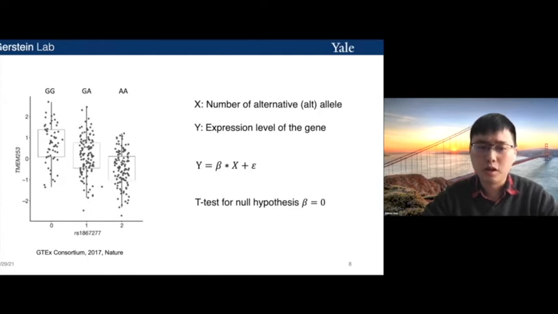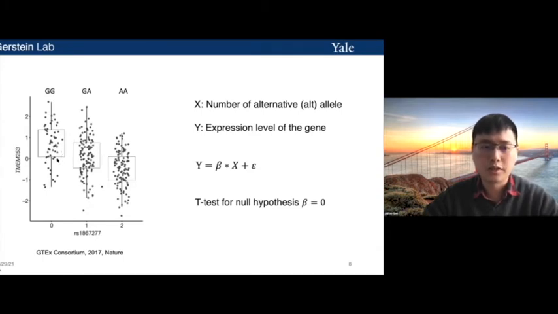Conceptually, what's going on here is actually very simple. In this figure, the x-axis is the genotype, denoted by the number of alternative alleles. For example, for this certain SNP, the reference allele is G, and the alternative allele is A. Each dot in this plot is a single individual.